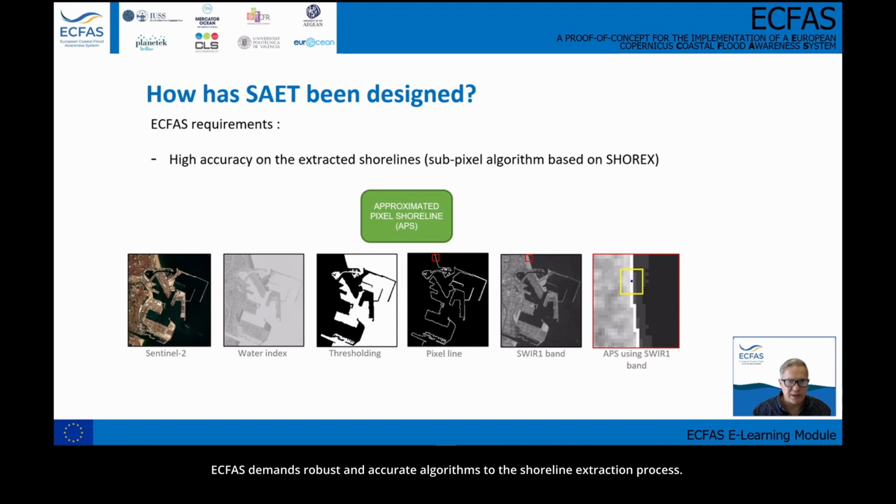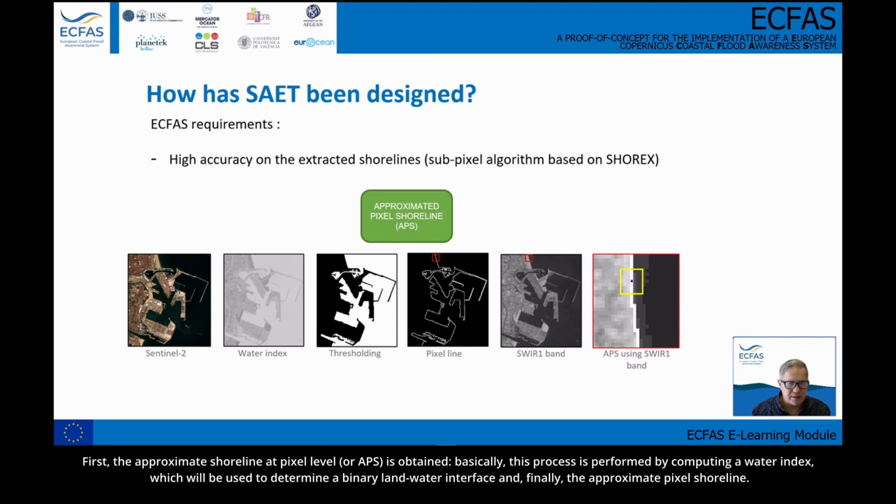ECFAS demands robust and accurate algorithms for the shoreline extraction process. In this context, SAET applies a sub-pixel algorithm based on SHOREX with two main steps. First, the approximate shoreline at pixel level, or APS, is obtained. Basically, this process is performed by computing a water index, which will be used to determine a binary land-water interface, and finally, the approximate pixel shoreline.